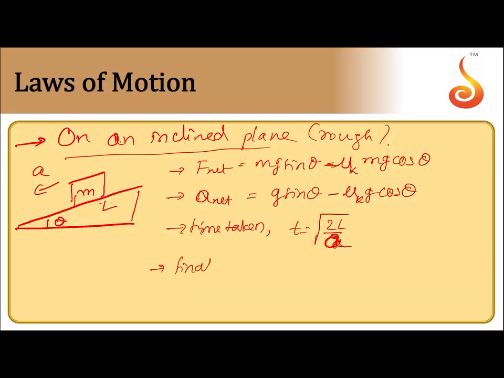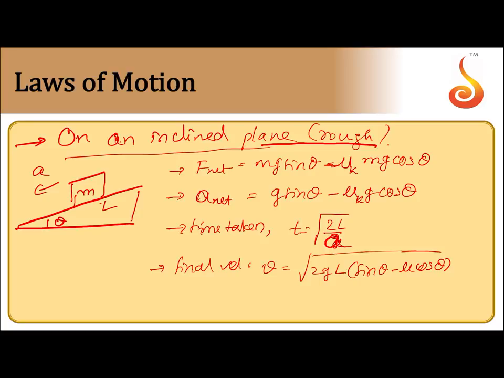Final velocity, assuming it to start from rest, is square root of 2gl into sin theta minus mu cos theta. So remember these results. If an object is sliding down an inclined plane, then F net, a net, time taken and final velocity are given by this set of equations.